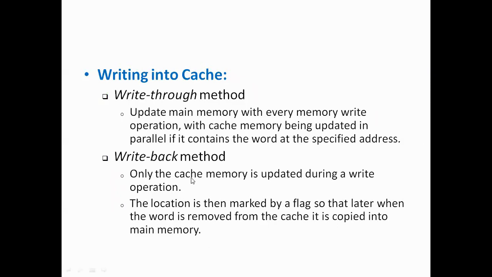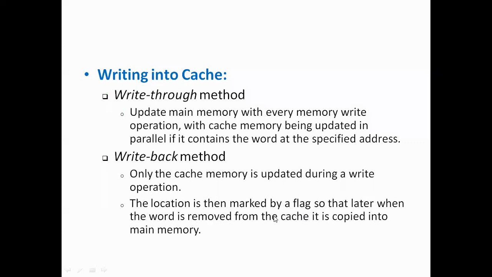So this method has one advantage, that if the contents of the cache at that location change many times, the RAM is not continuously updated. It is only updated when the word moves out of the cache.